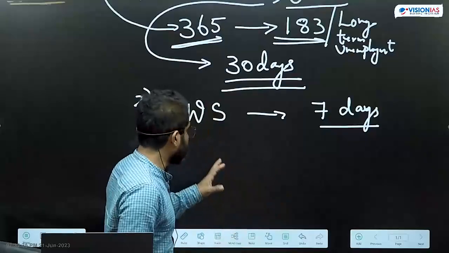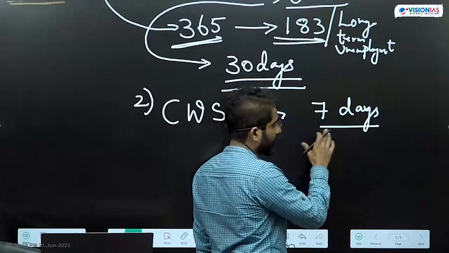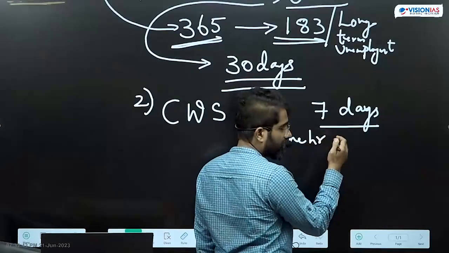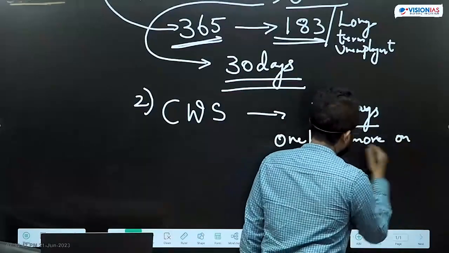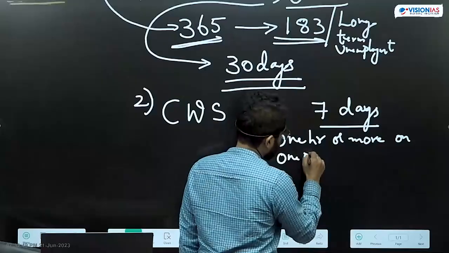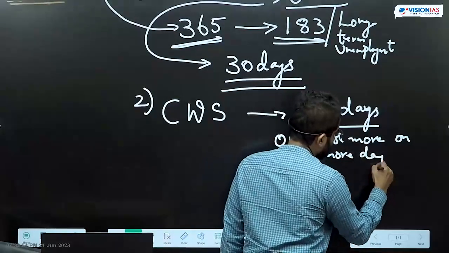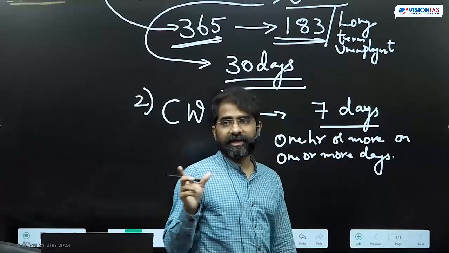Now in this 7 days period, you will check if somebody is employed for at least 1 hour or more on 1 or more days. So here the reference period is 7 days.